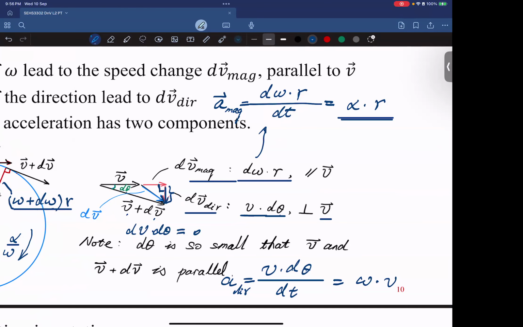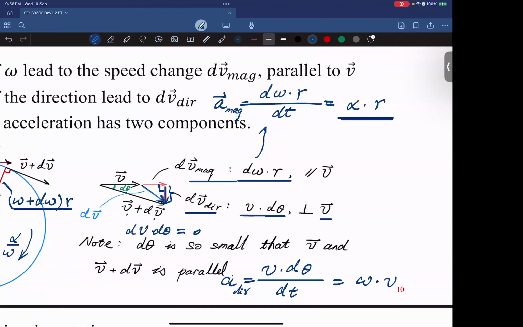Using the parallelogram law, we find the acceleration always points to the inner side of the curve. So if you randomly have a curve and a point on it, the acceleration can be along the tangent line, can point to this side, can be this direction, but can never be this direction.